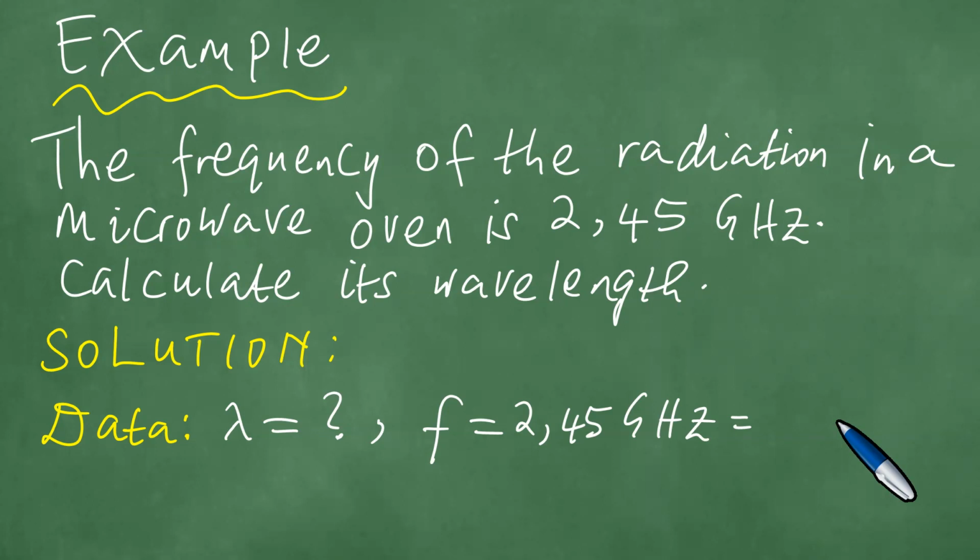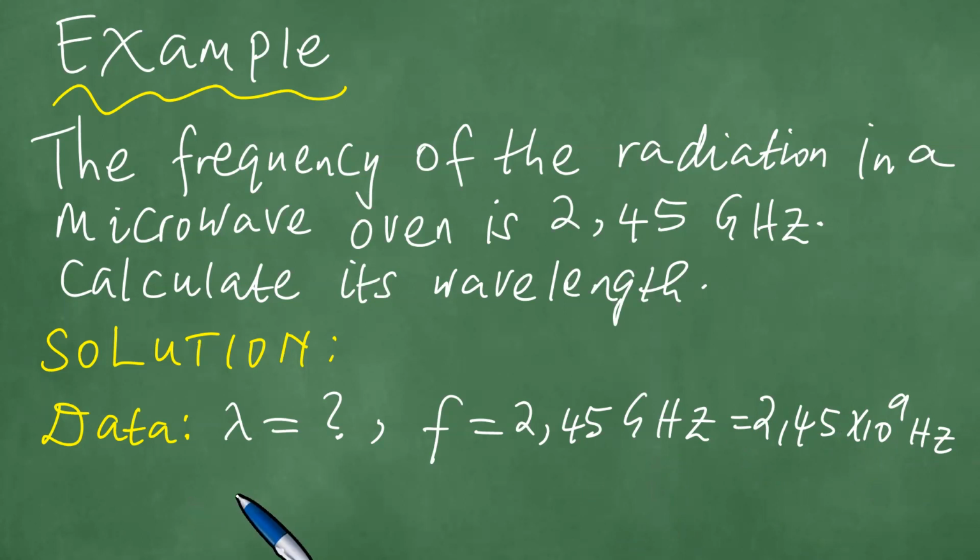Now, because it is a prefix, most definitely it stands for something. So it stands for times 10 to the power 9 in scientific notation. So it is 2.45 times 10 to the 9th power hertz. So that is what you get.